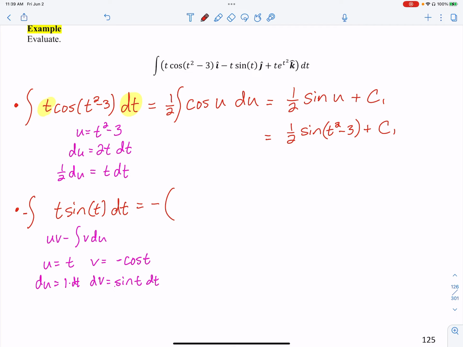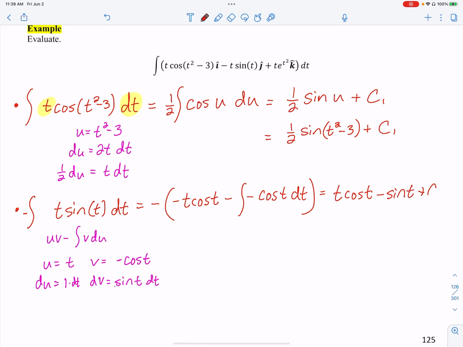I multiply negative uv, so I got negative t cosine t minus the integral of negative cosine t dt. Okay, so I get negative t cosine t, and then I'm going to have a minus. Minus a negative makes a positive, but the negative out front is going to make a negative. And then that integral is sine t plus c2.